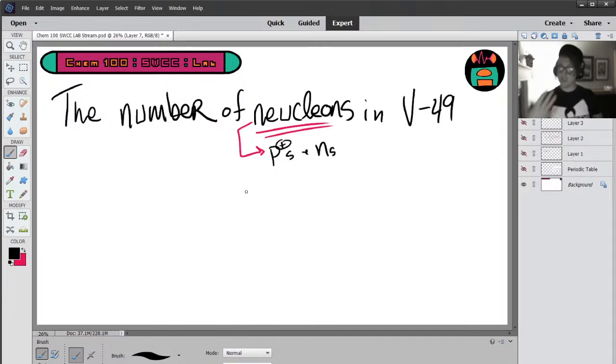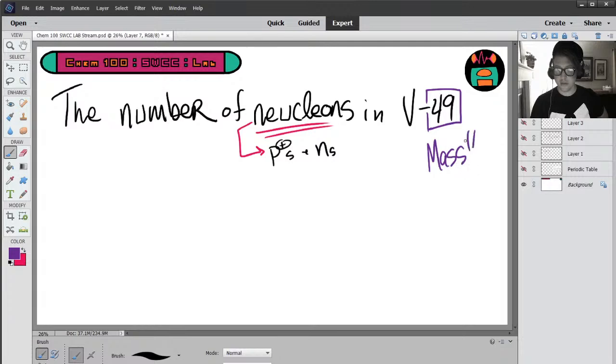So when a question asks you what are the number of nucleons in vanadium-49, they're asking how many protons and neutrons together are present. Fortunately for us, that is given in our mass number, which equals the sum of the protons and the neutrons present in the nucleus.